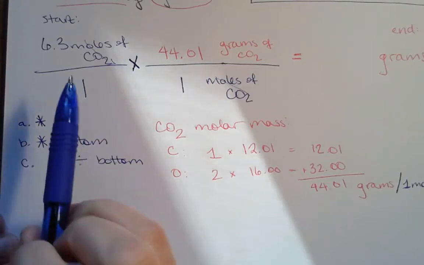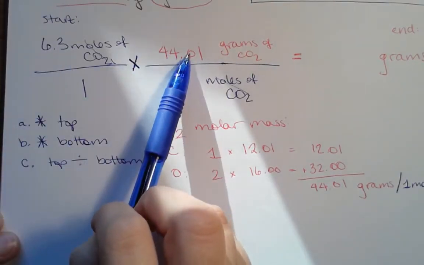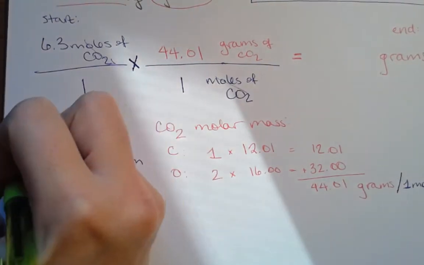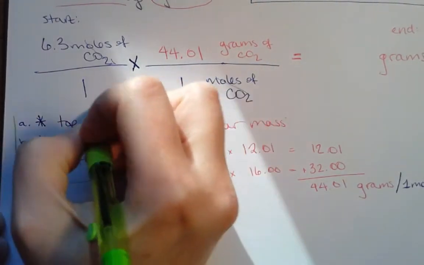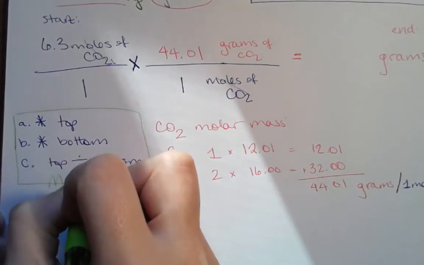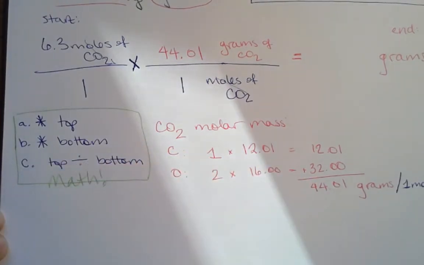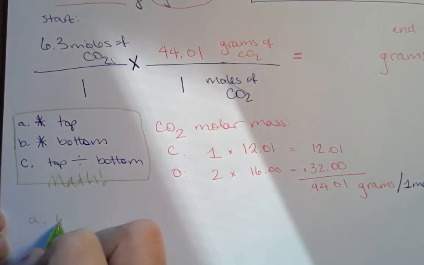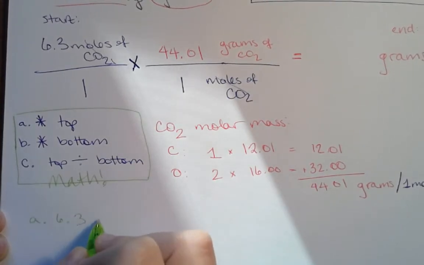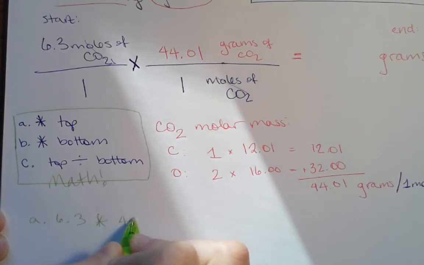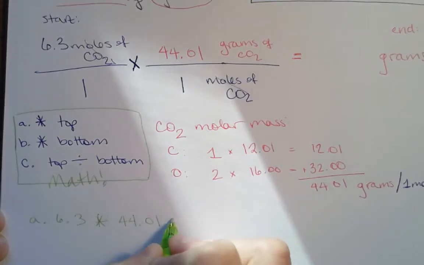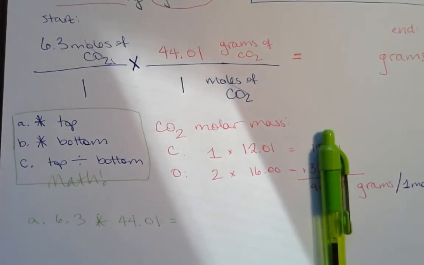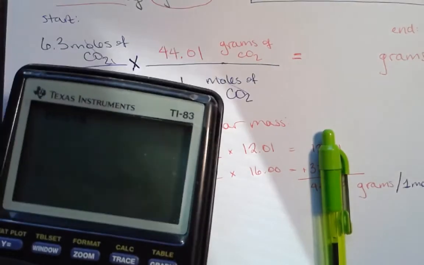Let's do it together. So on the top of this fraction here, let's do the math in a different color. Okay, this is the math part. Here, our top is 6.3 times 44.01. You're going to take your calculator and just type that in.